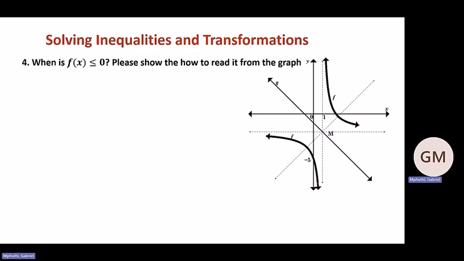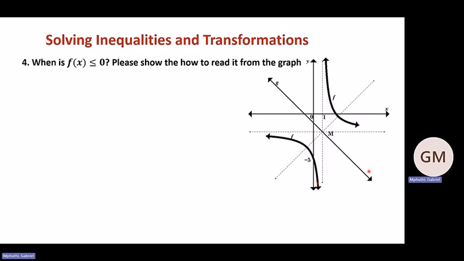Okay, now here's our graph. Let us try to understand what our question is. They want us to find where our function f of x is less than or equal to 0. So we know the y-axis and the x-axis on our Cartesian plane. Anything above the x-axis, when we read it as our function, is positive, and what is below the x-axis on our y values, our function is negative.